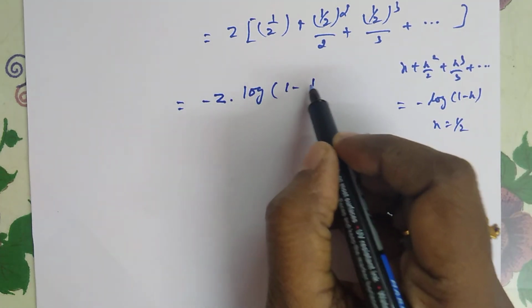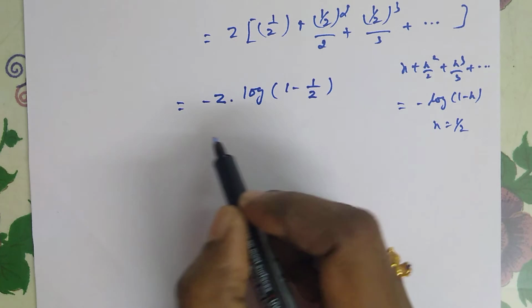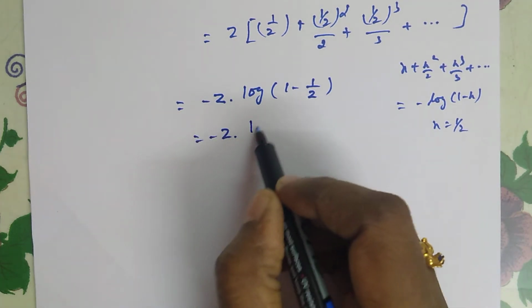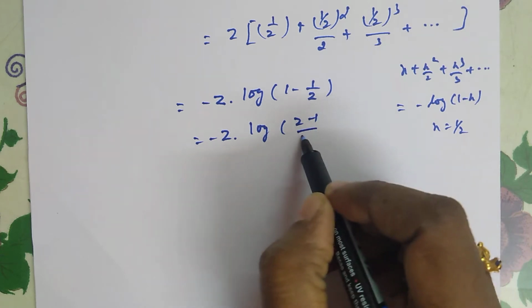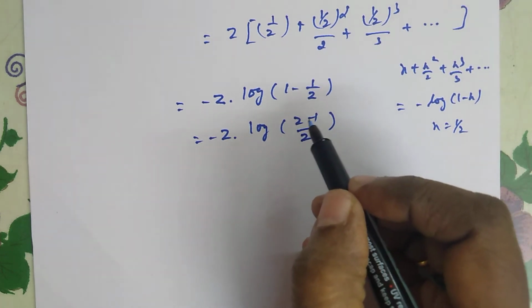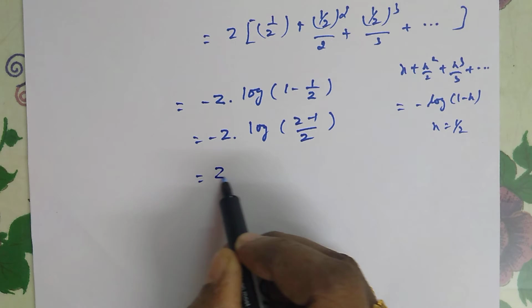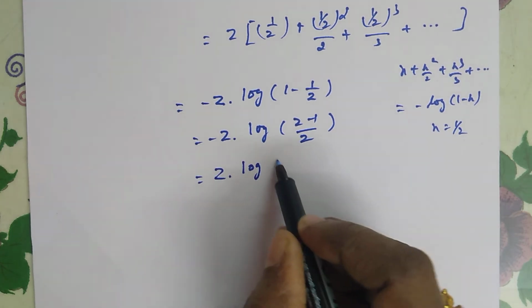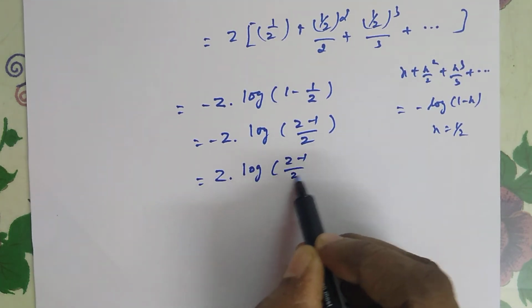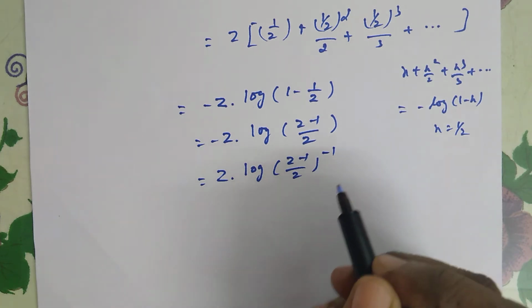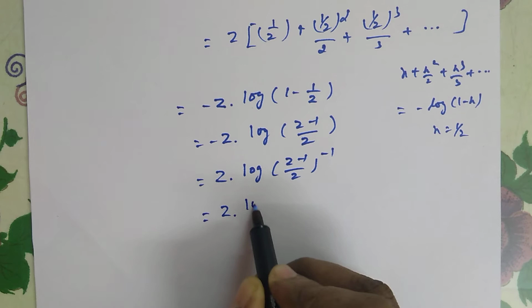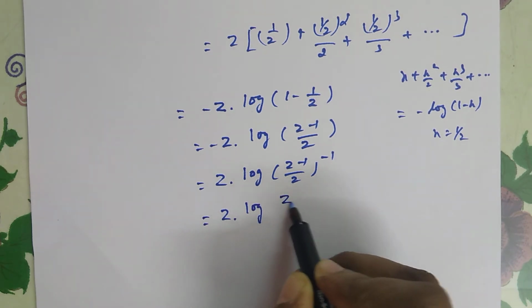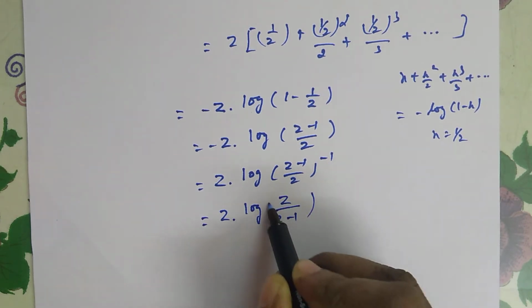So 1 minus x is equal to z minus 1 by z. Now here we are having a minus, that can be written as log of z minus 1 by z whole power minus 1. So again this minus 1 can be written as z into log z by z minus 1.